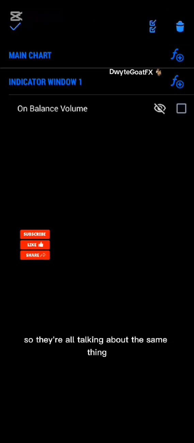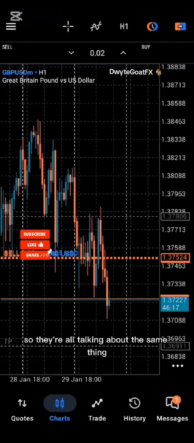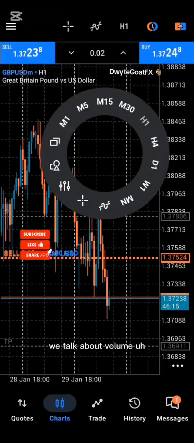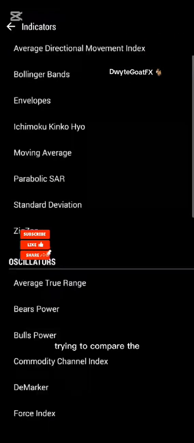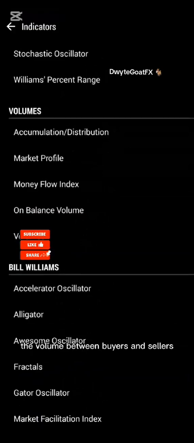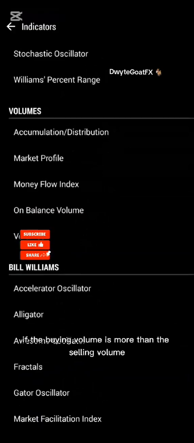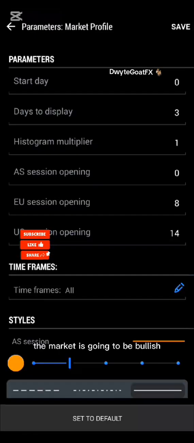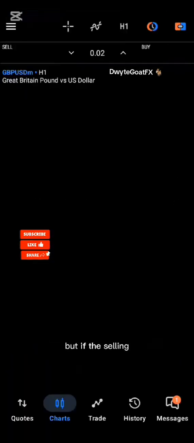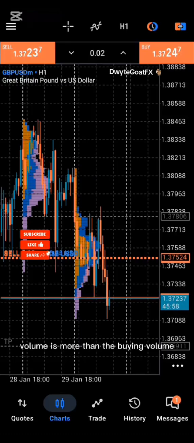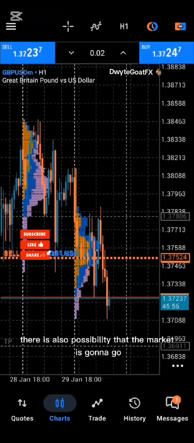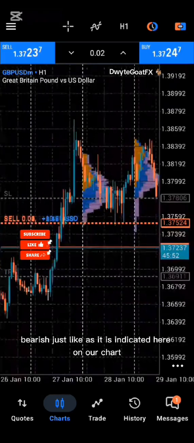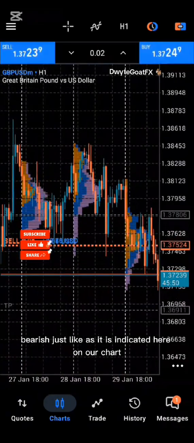They are all talking about the same thing. We talk about volume, trying to compare the volume between buyers and sellers. So if the buying volume is more than the selling volume, there's a possibility that the market is going to be bullish. But if the selling volume is more than the buying volume, there is also a possibility that the market is going to go bearish, just as it is indicated here on our chart.